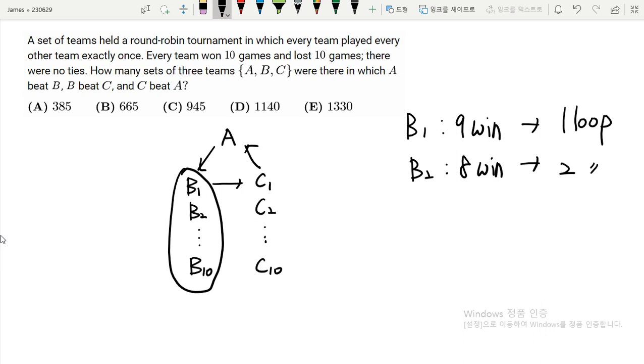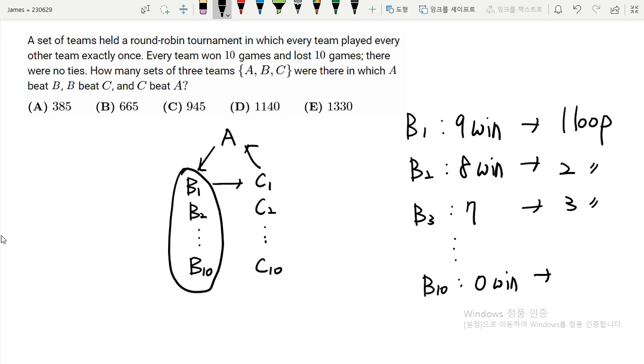Or we can decrease the wins for B like this. But in such case, we can increase the loops for C. So when this trend continues, B10 will have 0 wins among the group B. That means B10 should win all the Cs, because every team won 10 games.